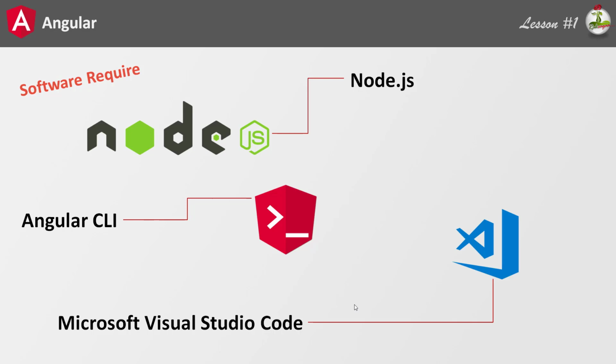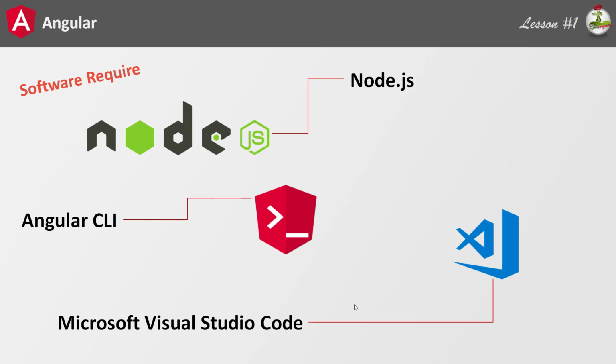To run your JavaScript, you definitely need a browser to execute it. But Node.js provides you an environment to run JavaScript without a browser. After that, Angular CLI is a command line interface to create Angular applications without pain, because it provides more features to create Angular applications without pain.